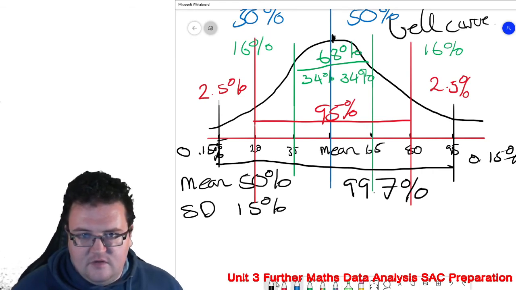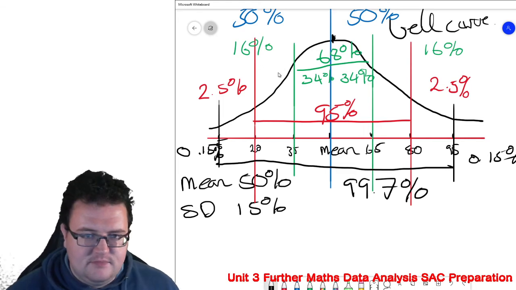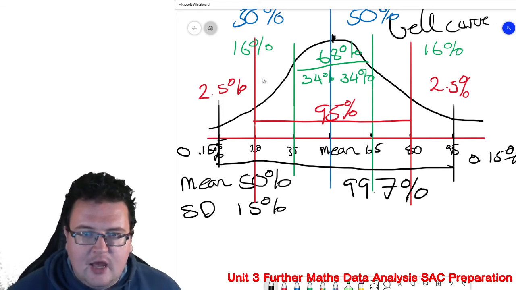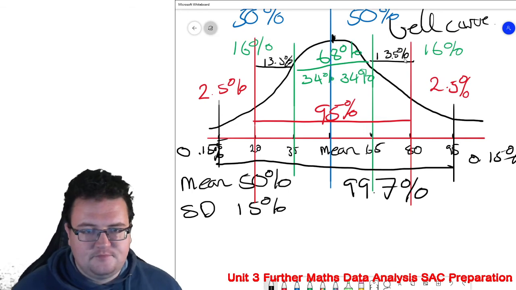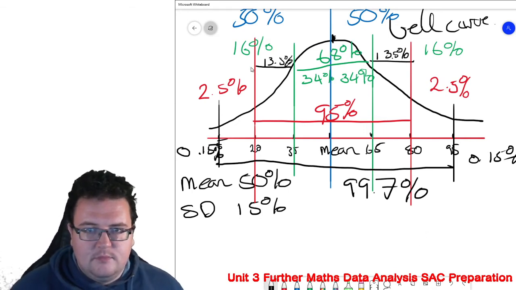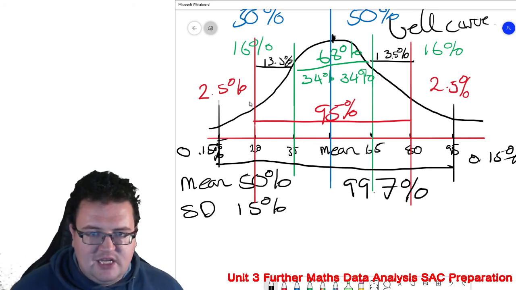And I'm just going to do this in black for the sake of my sanity. So between here and here should be 13.5. And because, again, symmetry is important, that's also the case over here. So that means between here and here should be 2.5 minus that 0.15 at the end there.